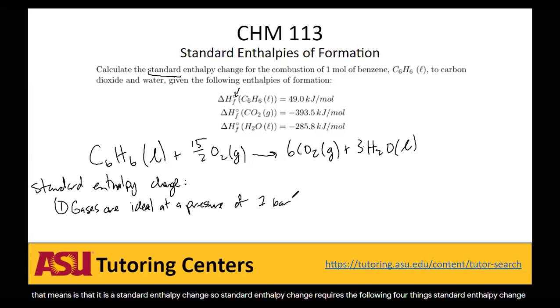Exactly discussing what an ideal gas is is something we'll save for a different video, but the idea is it acts perfectly as a gas as we would like one to. The gas particles never collide with one another. Each individual gas particle doesn't really take up space. Things like that. Again, I'm not really going to go into the details of it, but the gases are assumed to be ideal and the pressure is assumed to be 1 bar.